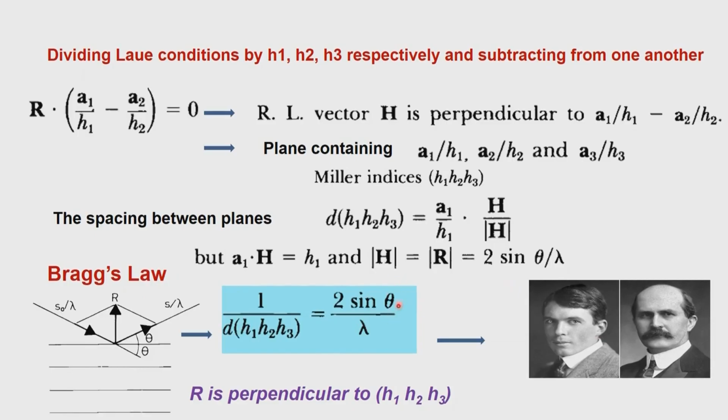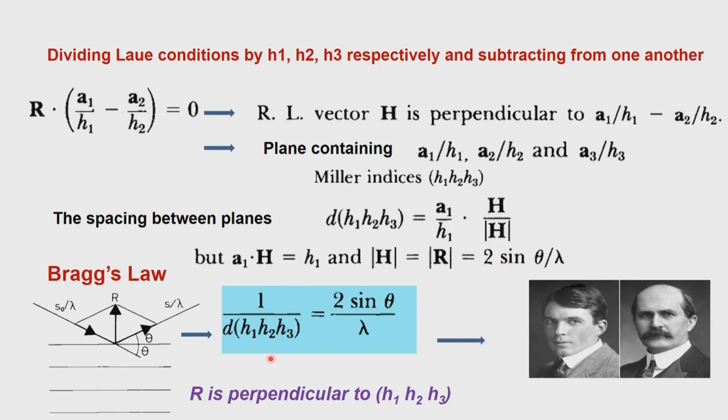So, if we know the theta value and lambda, we know the value of d of HKL, and d of HKL is what we are interested in terms of the spacing between planes. Now, what you see here is 1 over d of HKL. So, the so called vector r still has the dimensions of reciprocal length. The dimensions of reciprocal length associated with r will be associated with d of HKL also.